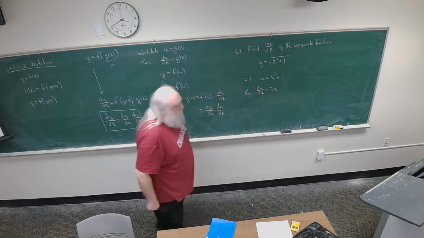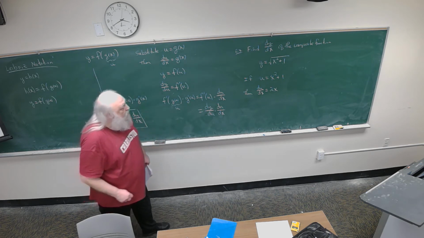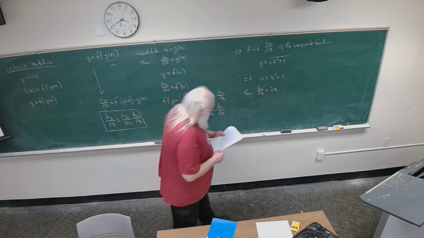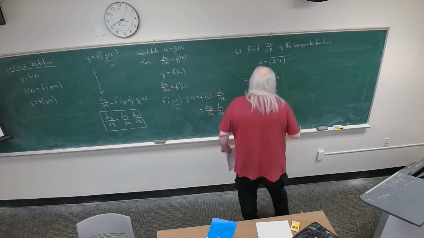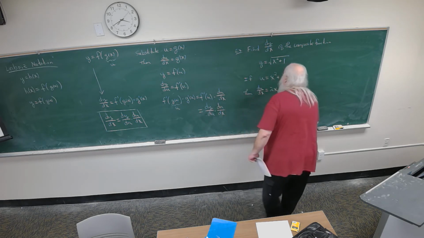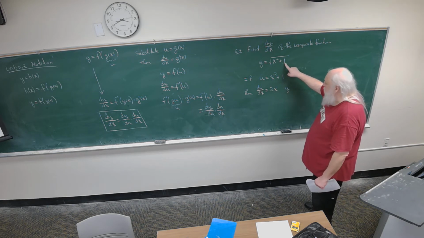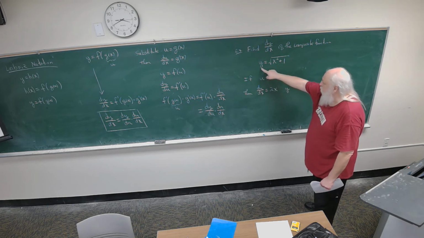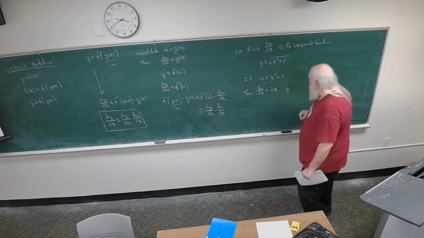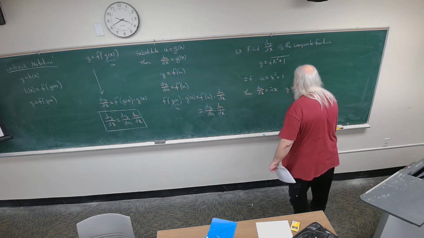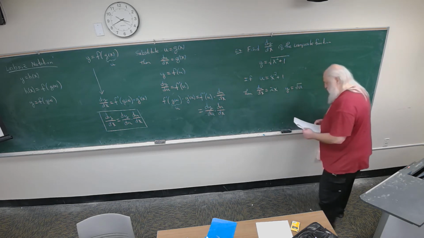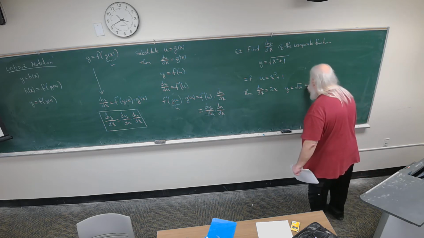Derivative of x squared is 2x and derivative of 1 is 0. Okay. When we replace x squared plus 1 up here with u, we end up with y is equal to the square root of u, which is u to the 1/2.